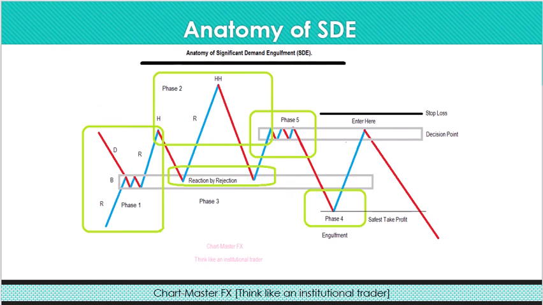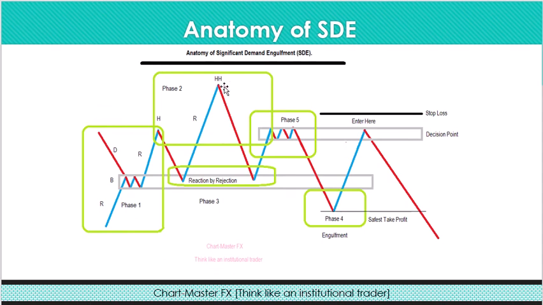On phase number 2, what happened is that when the price made a rally base rally, the price was able to come back to this base and it cleared this base. You can see that the price rallied up and was able to break this high, creating a higher high.